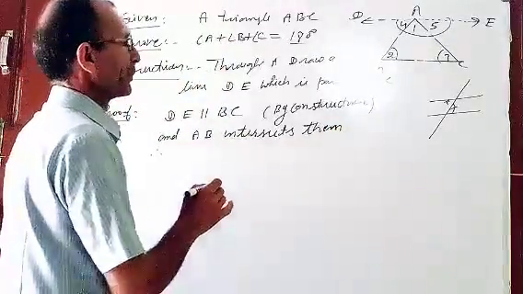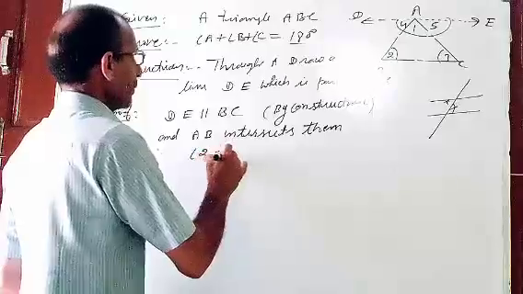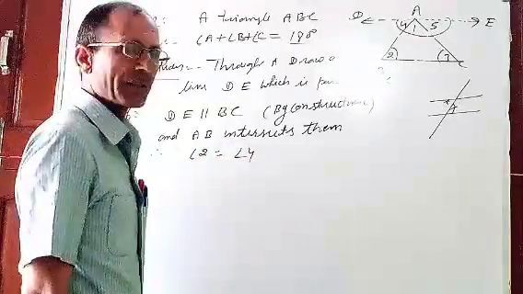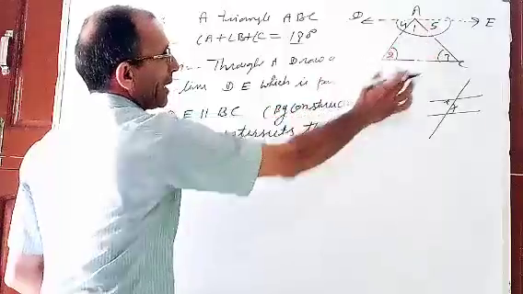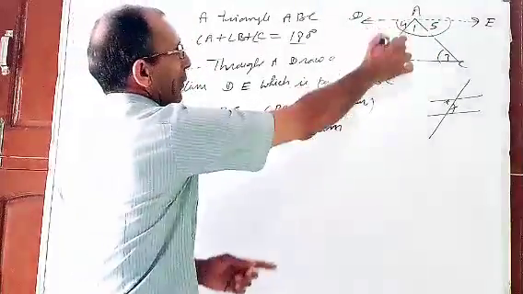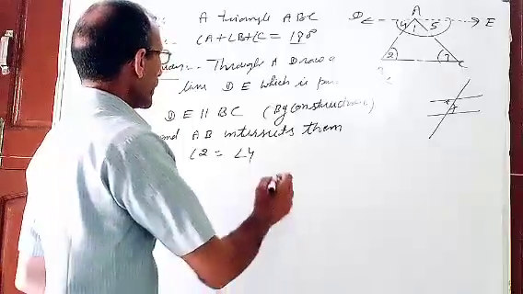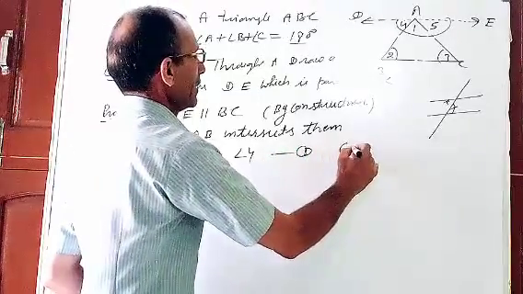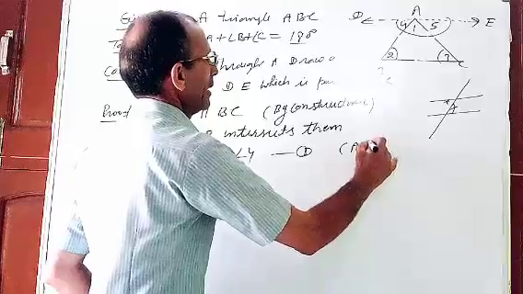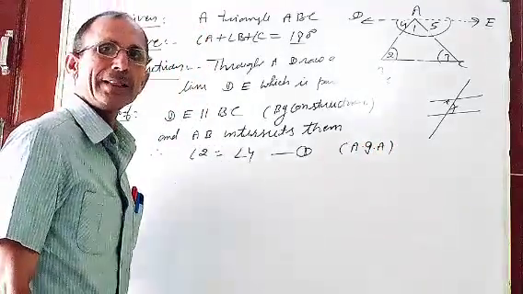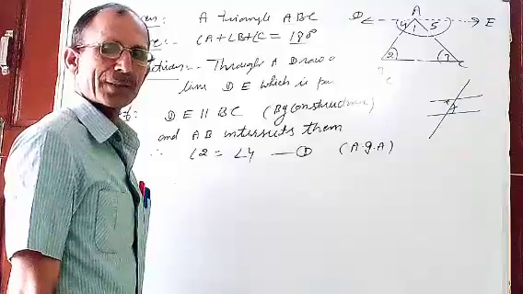Therefore, angle 2 is equal to angle 4, because DE is parallel to BC and AB intersects them. The reason we give is alternate interior angles, AIA. Yes or no?